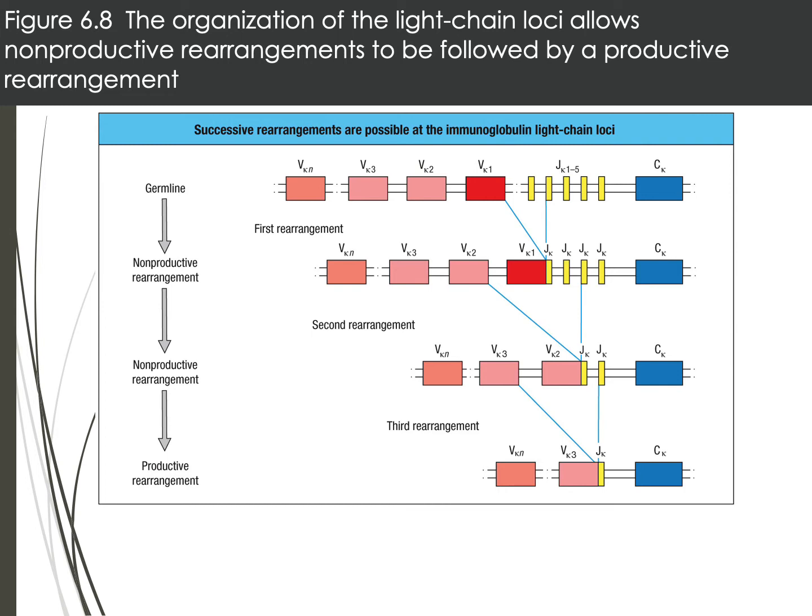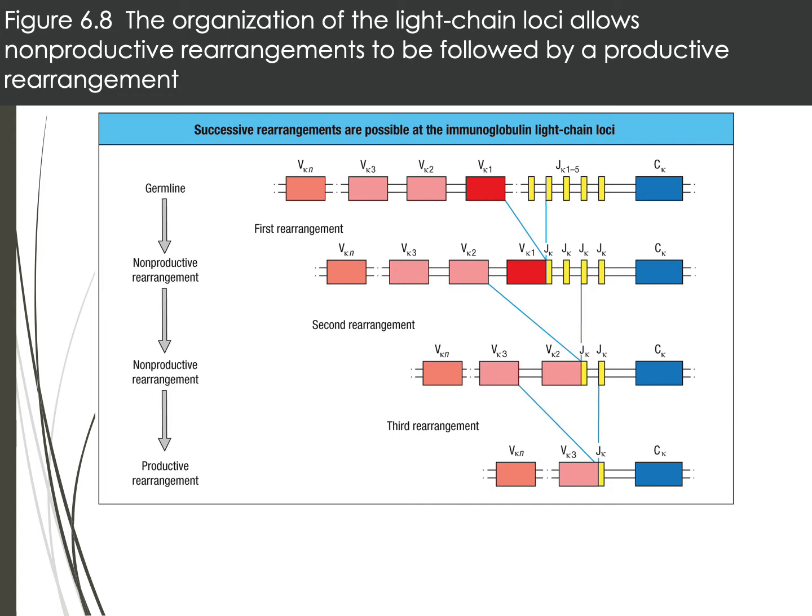If that is non-functional, the variable segments that are before the variable segment that was selected are still there. So the B cell has the ability to go back and say, nope, the variable segment we originally picked didn't really work. Let's try a different pairing. So you can see here the first initial variable 1 and the second joining didn't give a functional light chain.